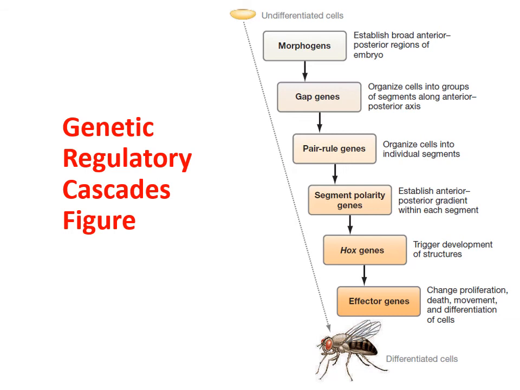Now, here's just a visual of what we just talked about in the previous slide for you to actually see how you start out with those undifferentiated cells of an embryo where they all look the same, they act the same, they have no specific purpose.